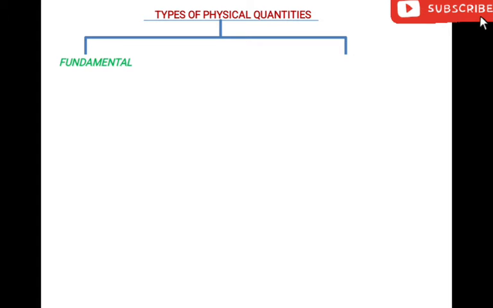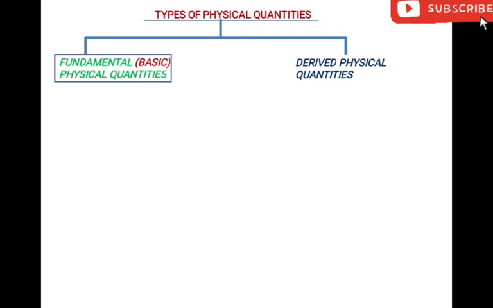Let us look at the types of physical quantities. Physical quantities are categorized into 2, namely fundamental or basic physical quantities and derived physical quantities.